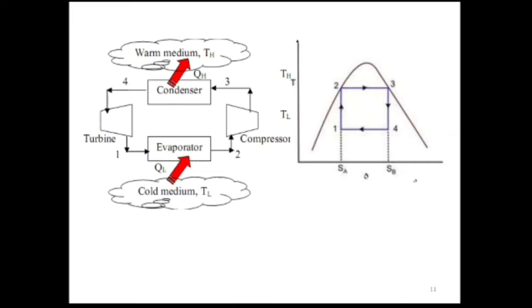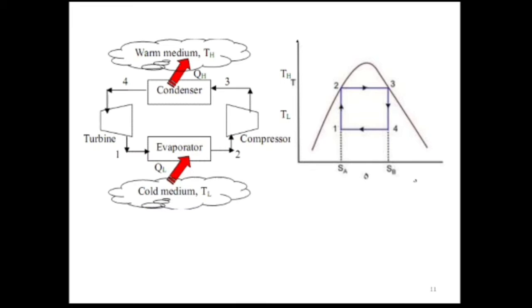As you can see, 3 to 4 and 1 to 2 are isothermal processes. So these also cannot be approximated practically. So that is why reverse Carnot cycle, even though it is an ideal cycle which we use to compare all other cycles, it cannot be approximated or converted practically.